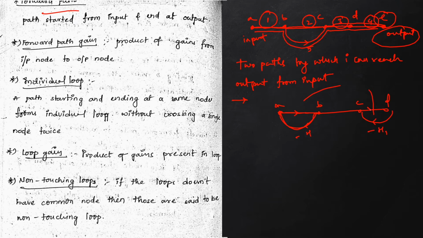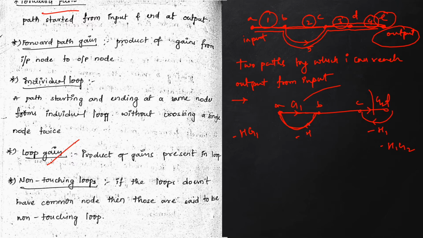Similarly, this is another individual loop. The gain of an individual loop is called the loop gain, the product of the gains present in the loop. That is, if here it was g1, then the loop gain will be minus h into g1. Here, if it is g2, then its loop gain would be minus h1 into g2. These are called individual loops and their respective gains.